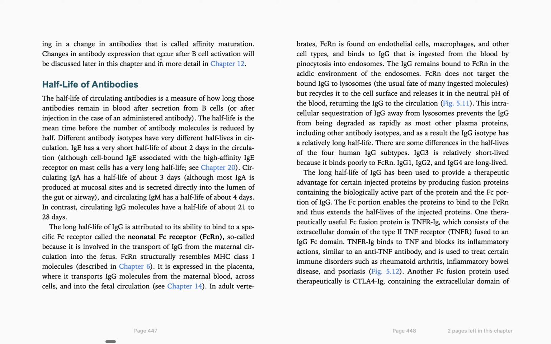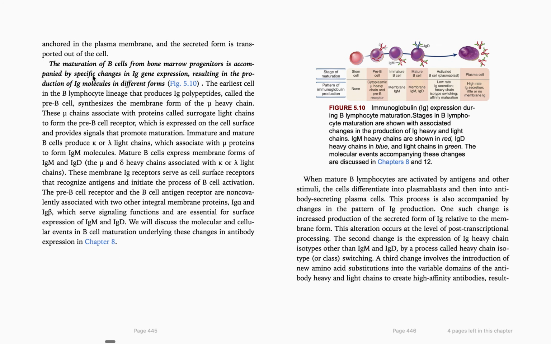Changes in antibody expression that occur after B cell activation will be discussed later in this chapter and in more detail in chapter 12. So this was the immunoglobulin.